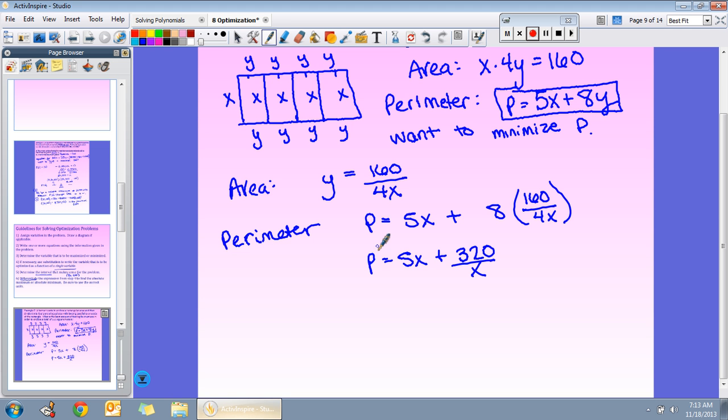Alright, now this is in terms of one variable, so we have p of x, and we want to find the relative extrema of this equation because we're trying to minimize it. So we should take the derivative, set it equal to 0, and solve for x.